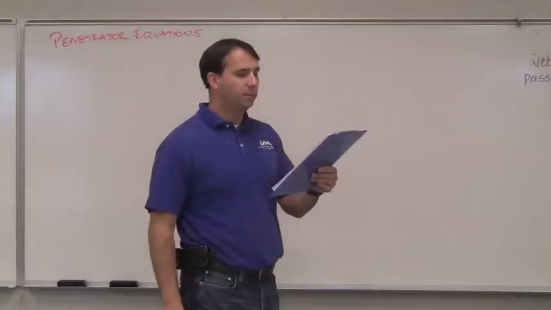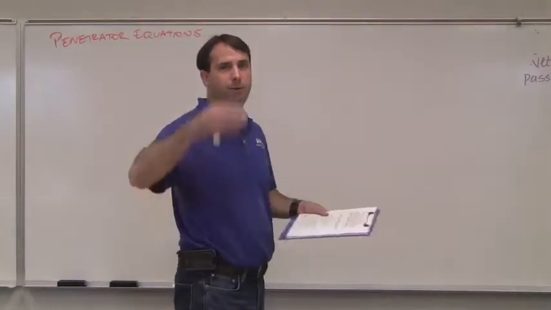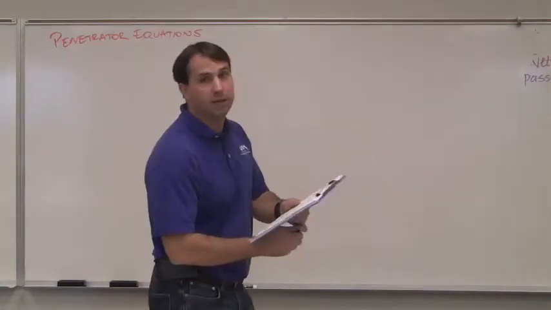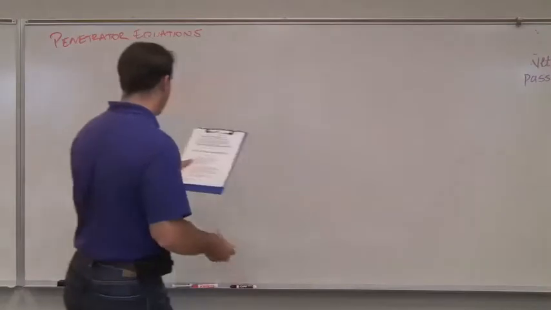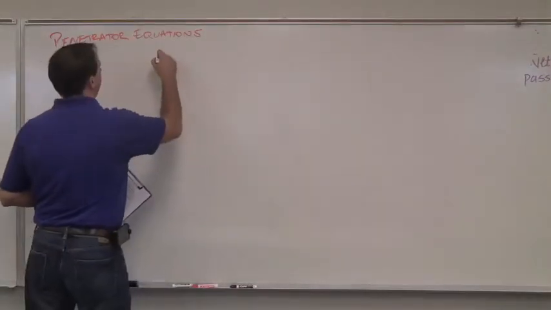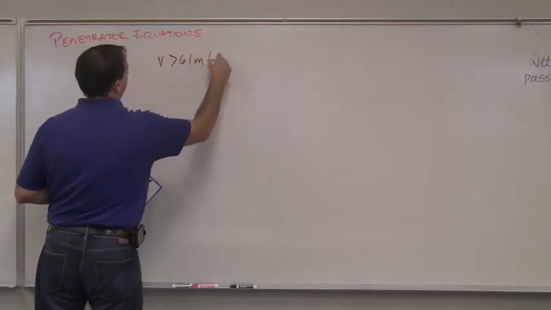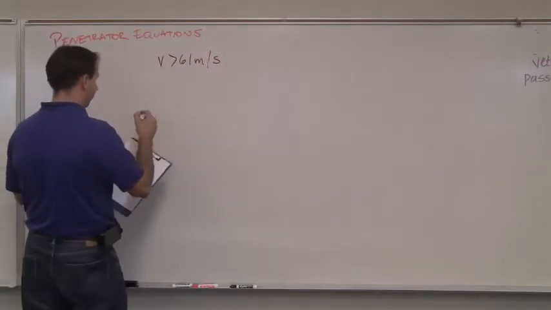Anyway, the penetrator equation has two versions based on your velocity. Most of our velocities in Inspires, if you're falling from an orbiter, are going to be above 61 meters per second, which is nice because it's a simpler equation. So for velocities greater than 61 meters a second, this is the equation. I've got to cheat because it's been a long time.